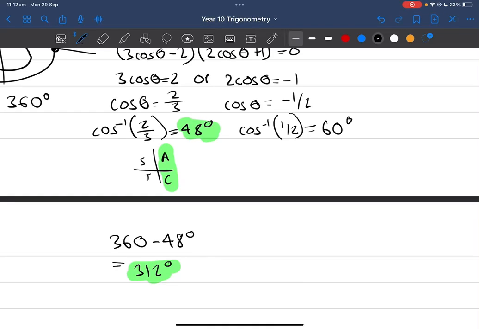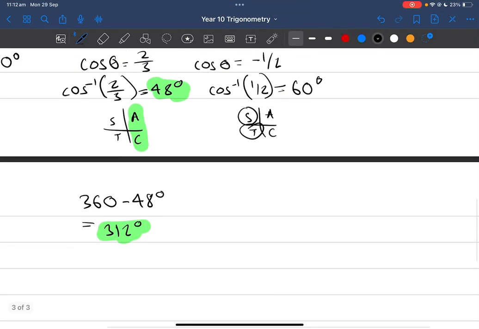However, we're looking for when it's in the negative quadrants. So based on ASTC, all stations to central, we can see that cos theta will be negative in this quadrant and this quadrant. And we can get its angle through 180 minus 60, which is just 120 degrees.